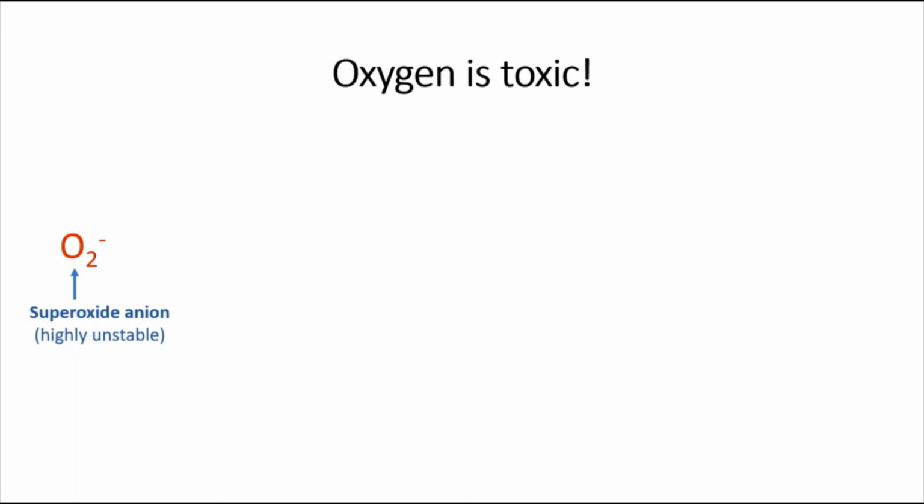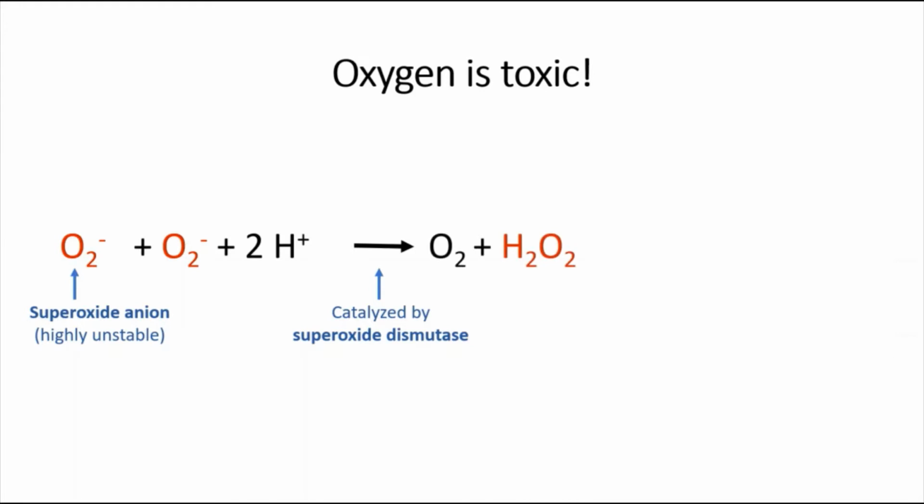Organisms are only able to survive and tolerate the presence of oxygen because of 2 enzymes that have evolved to deal with the superoxide anion problem, one of which is called superoxide dismutase, which is capable of taking 2 separate superoxide anions, combining them with protons, and transforming these things into oxygen and hydrogen peroxide, H2O2.